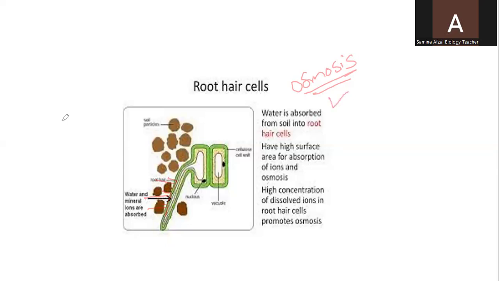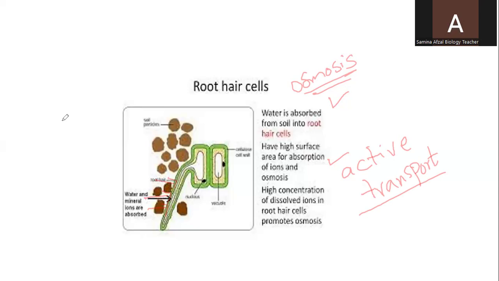The second process which takes place in the root hair cells is active transport. And active transport is that process in which the minerals and ions move against the concentration gradient by using energy.